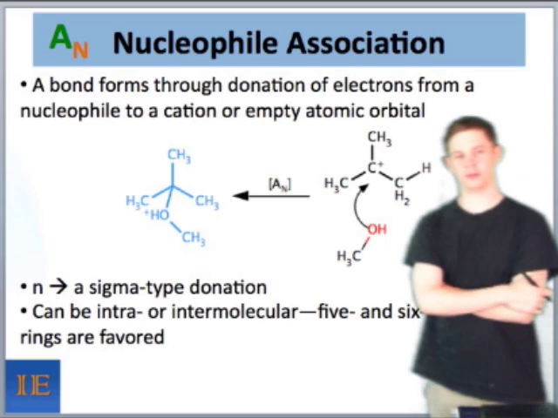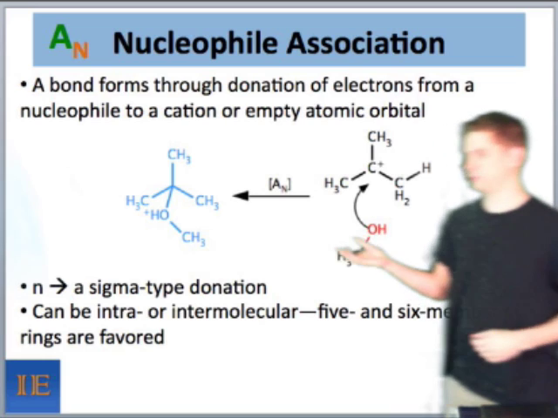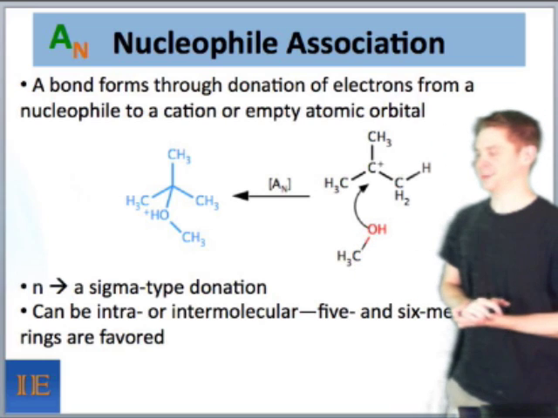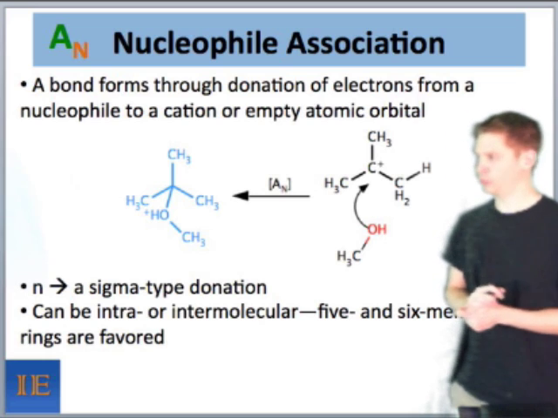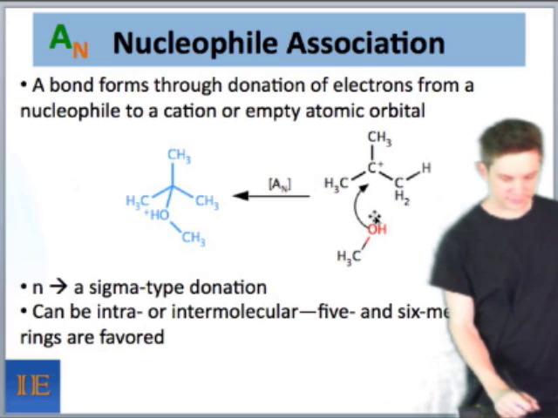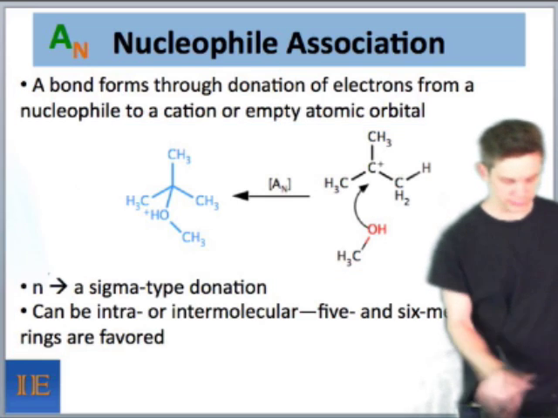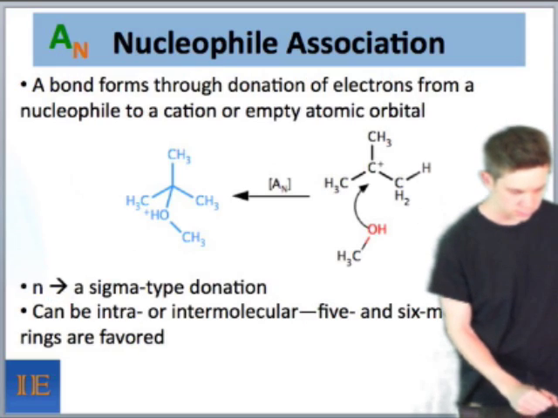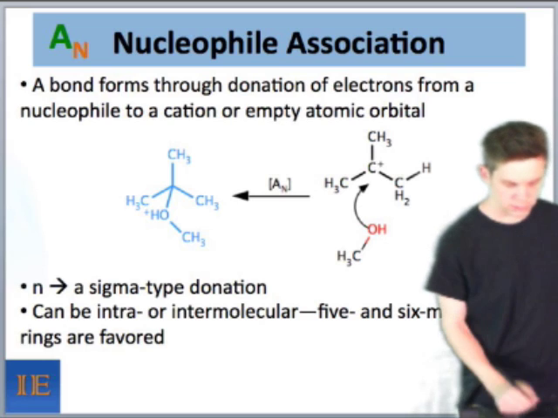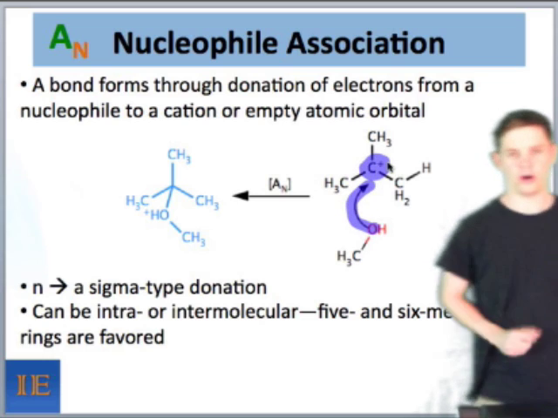So the first thing I wanted to look at was the nucleophile association step, and this involves the association of a nucleophile with a cation, at the risk of using a word to define its own definition. But really what it is, is an N-to-A sigma-type orbital interaction between a lone pair, typically, on the nucleophile, and an empty orbital on that cation.